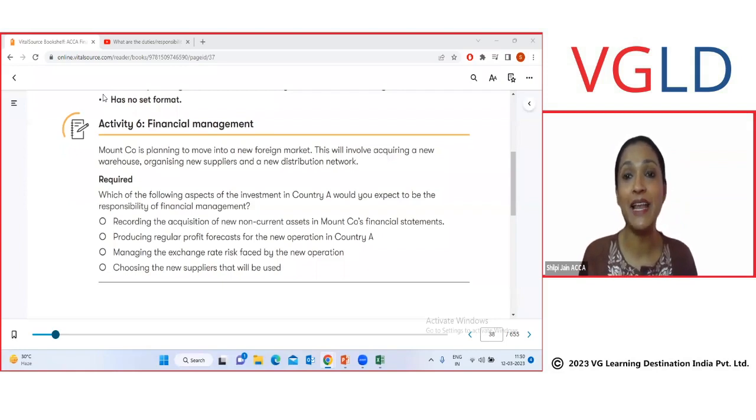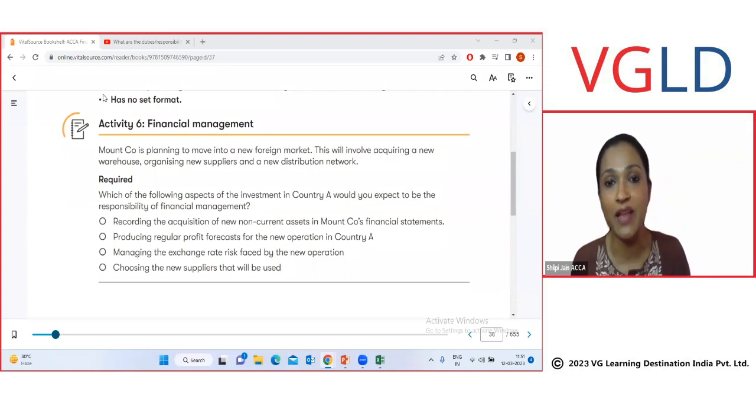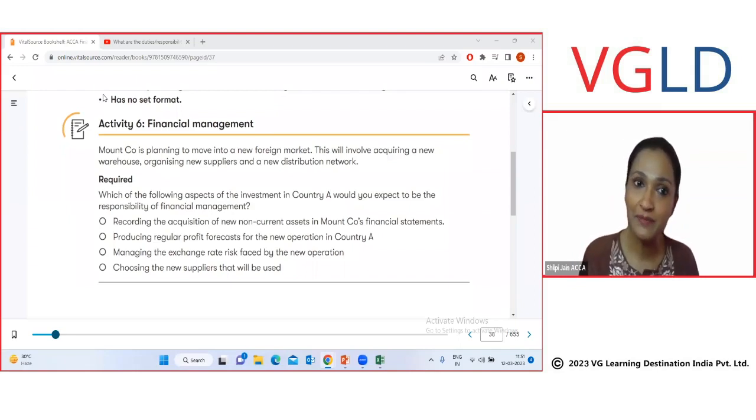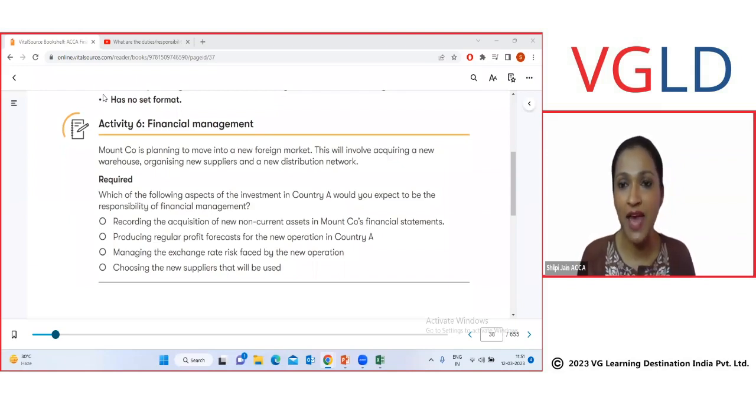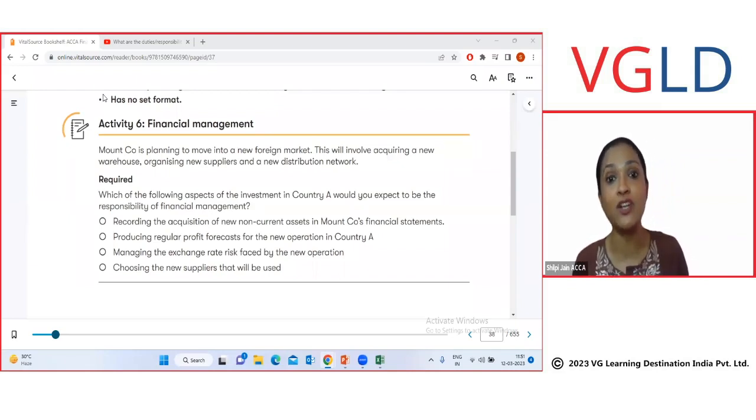Forecasting is just basically preparing accounts, preparing a forecast. That was not what you're required to do. But what you will be required to do is to continuously manage the exchange rate risk, right? Is that okay with everyone? Little confusing there, but yes, that would be one of the major aspects that you would be required to do.